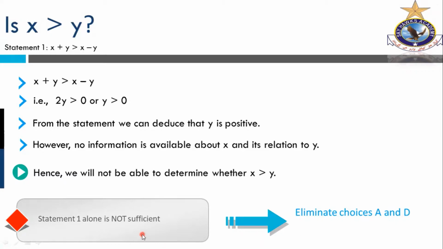Because statement 1 is not sufficient, we are eliminating the two choices A and D.